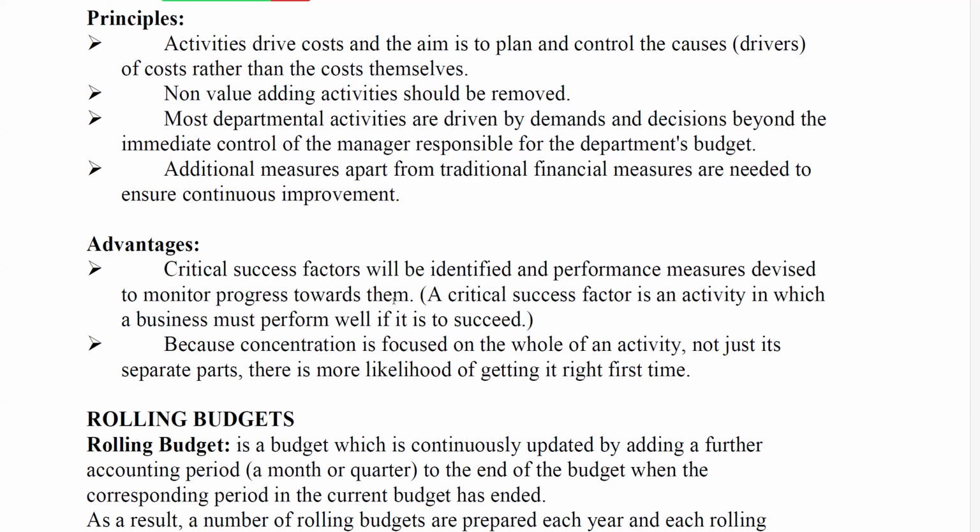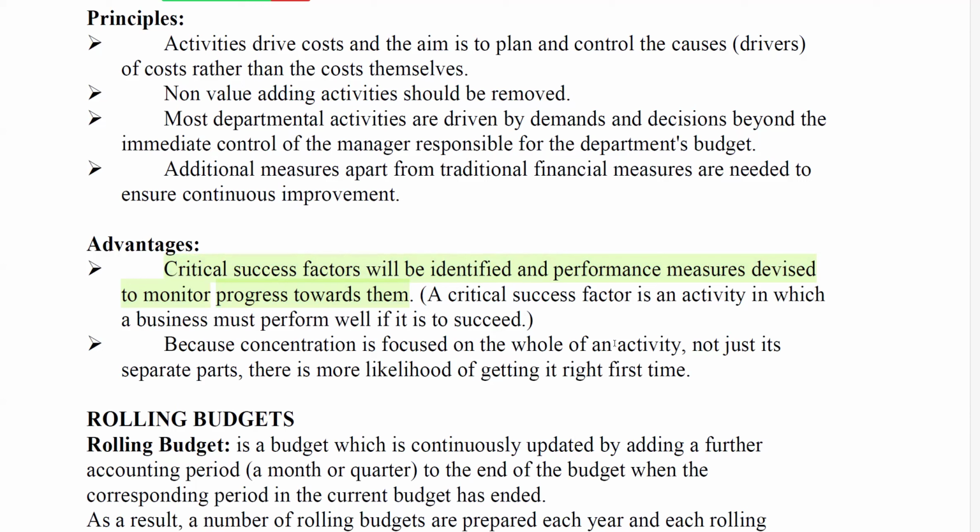The first advantage is that critical success factors will be identified and performance measures devised to monitor progress towards them, right? Towards the activities that you are trying to improve upon. A critical success factor is an activity which you must perform well to succeed.